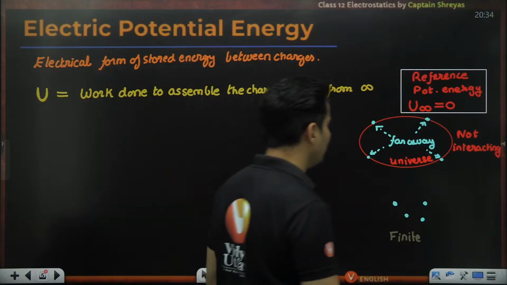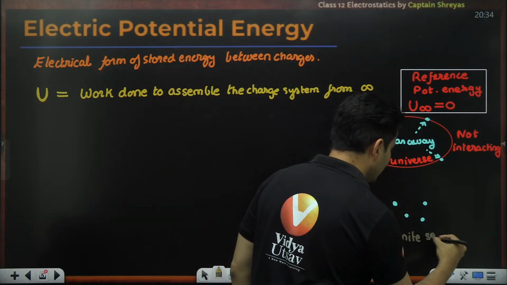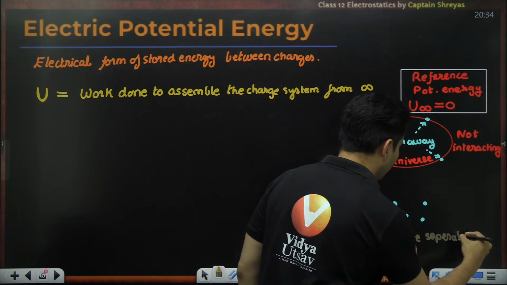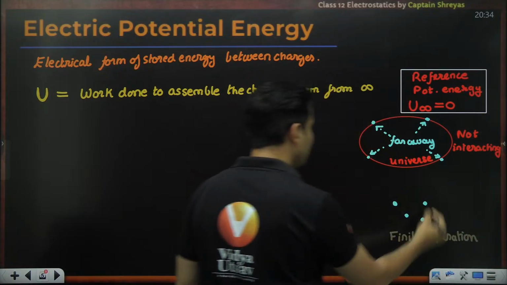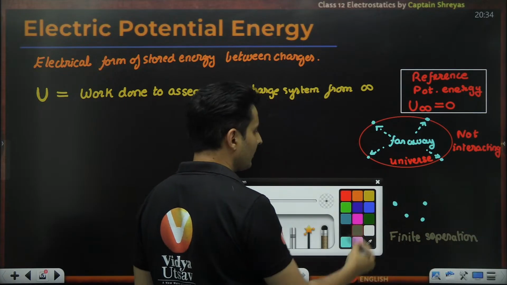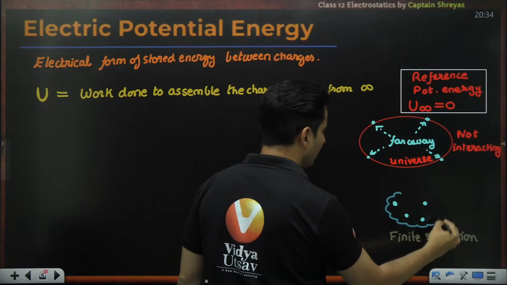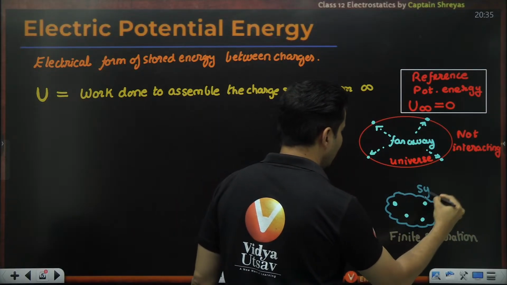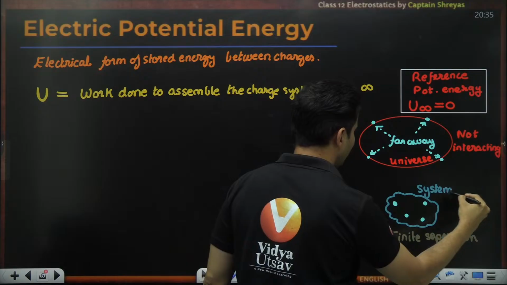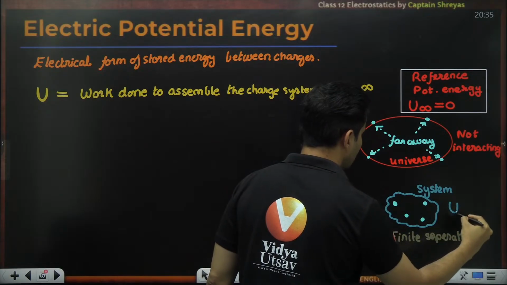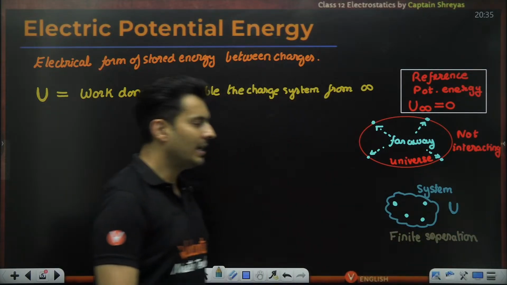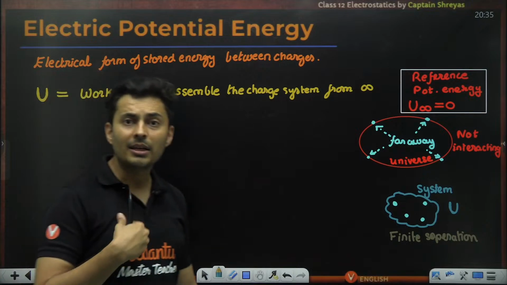It is not infinitely far away. For finite separation, this particular system will definitely possess some energy. That potential energy is basically U.